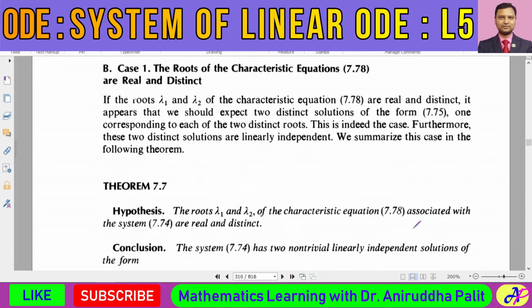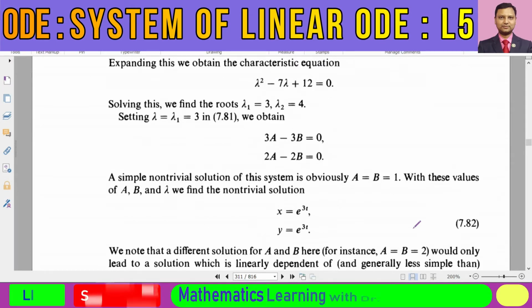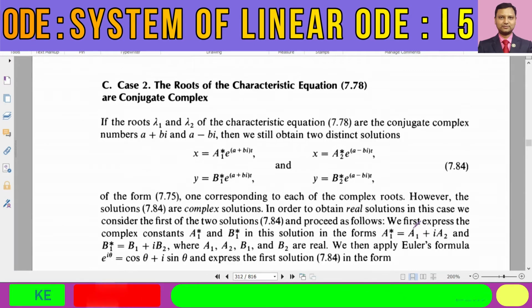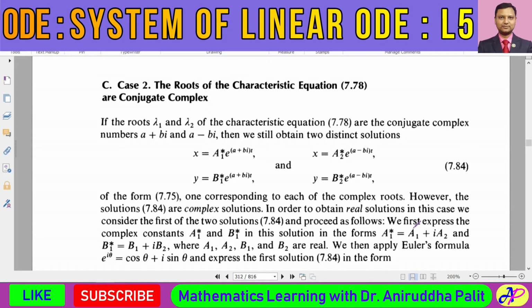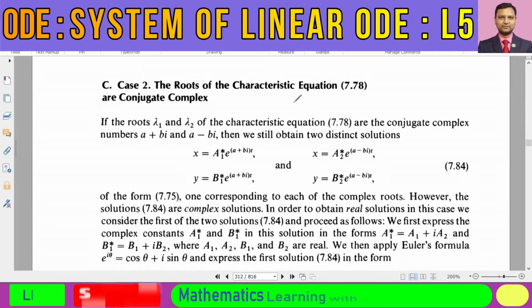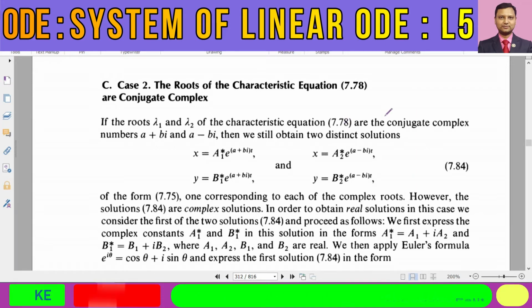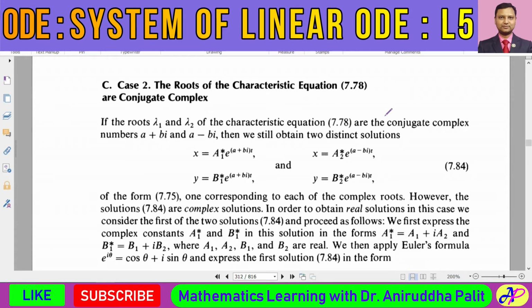In that case, how can we find the solution of this given differential system, or the system of differential equations with constant coefficients? So this is case number 2. If these two are characteristic roots, then lambda 1 and lambda 2 will be complex conjugates of each other.